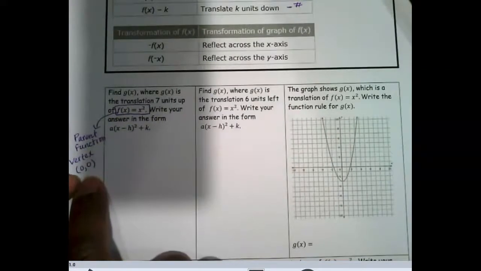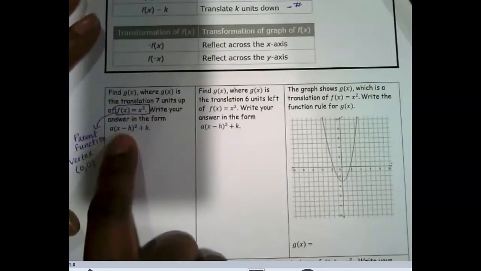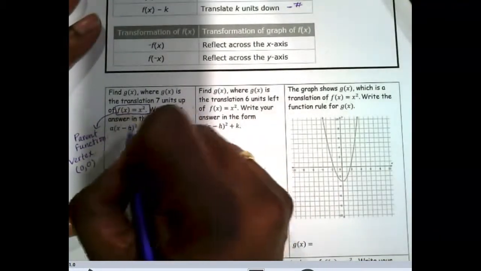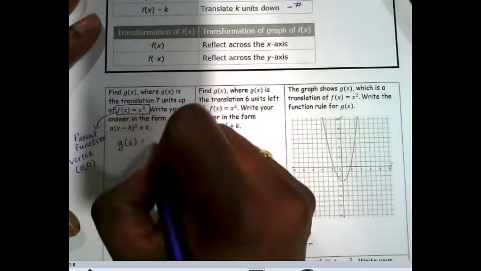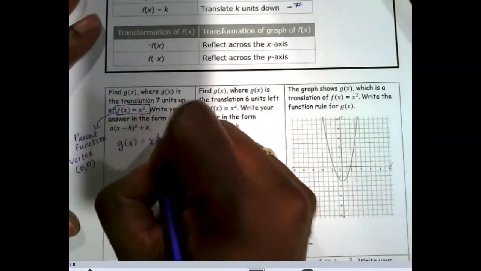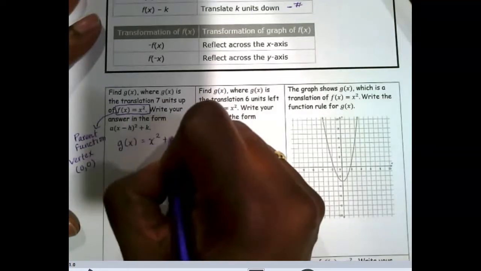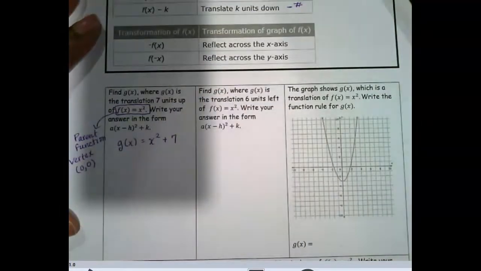Now we're saying, okay, what happened? I want to translate this function 7 units up. There's no left or right movement, so we're not going to do anything with that. We're simply going to write the new function. g of x is equal to the parent function, no movement, but it moves 7 units up. So I'm going to put plus 7 because it's exactly as it should be.